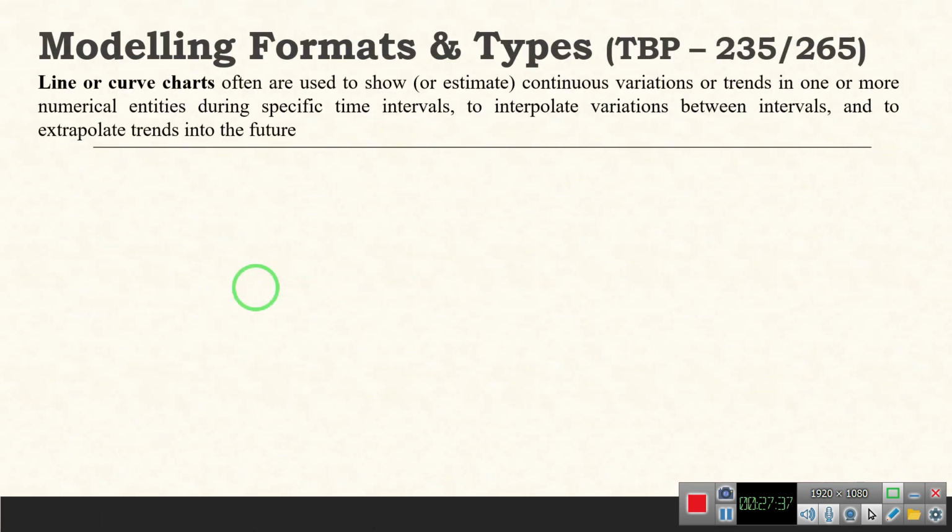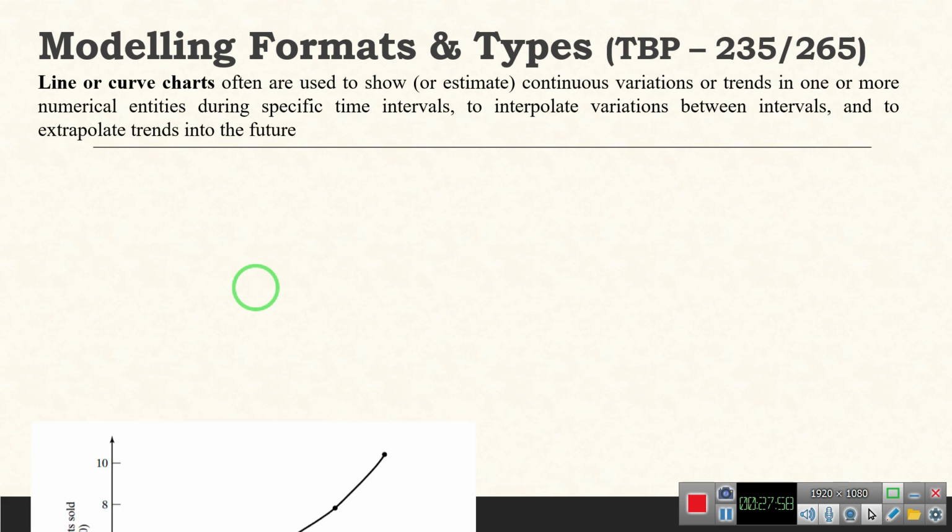Line or curve charts are often used to show or estimate continuous variations or trends in one or more numerical entities during specific time intervals. We show the curve to interpolate variations between intervals and to extrapolate trends into the future.